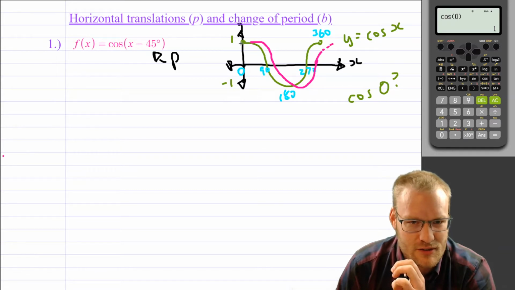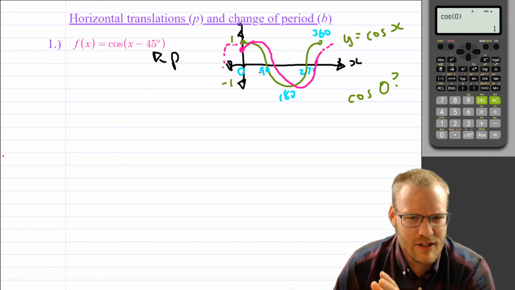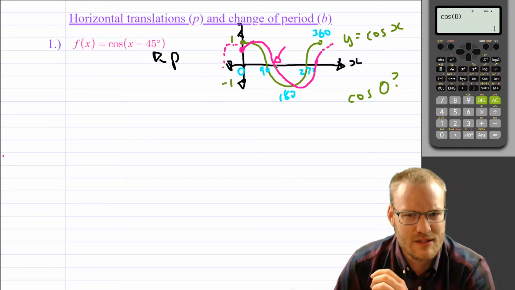And this function, if we carried it on, would carry on like that, so it must start dipping down already. So in other words, we're saying that it's going to start lower than 1, and that everything's going to be 45 degrees to the right. So we're saying that that point there is 90 plus another 45. So this is at 135, 0.